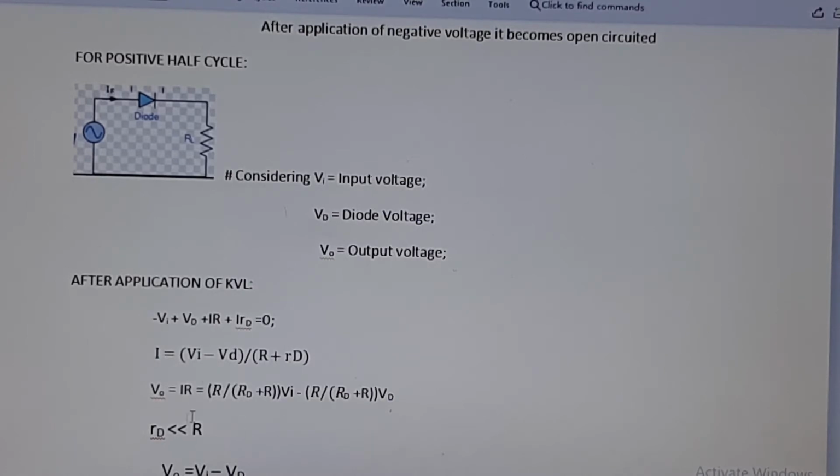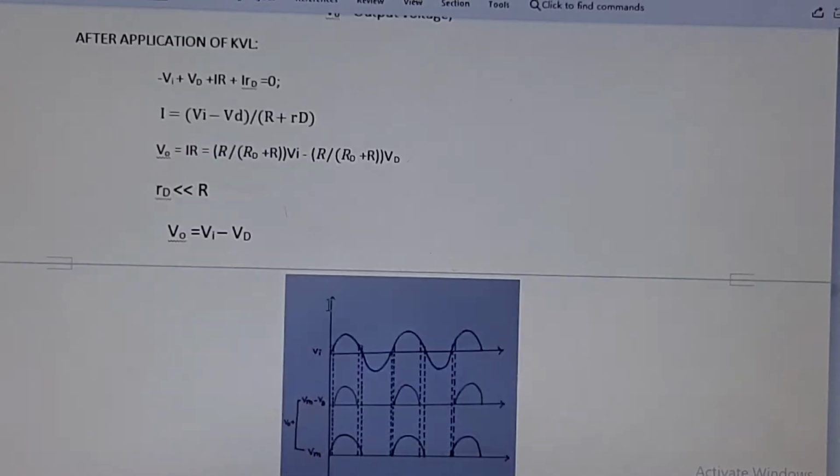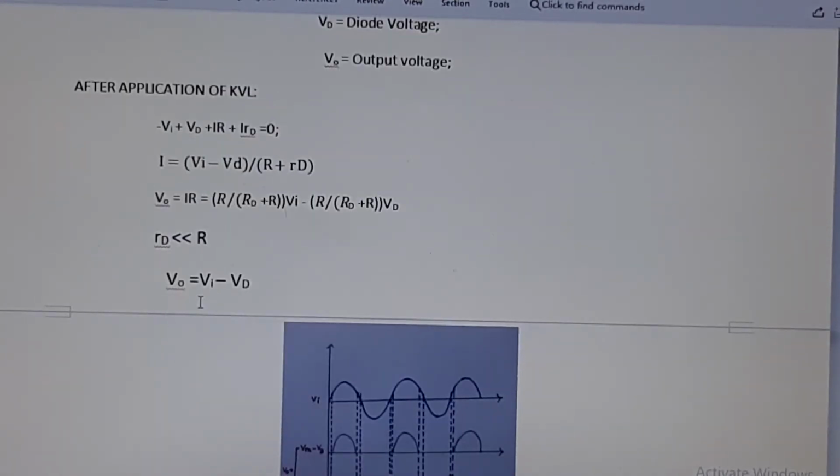As RD, the resistance of the diode, is much smaller than the resistance R, we can say VO is equal to Vi minus Vd, that is the threshold voltage, the voltage of the diode.